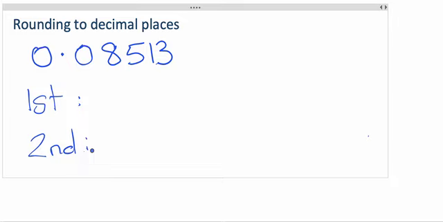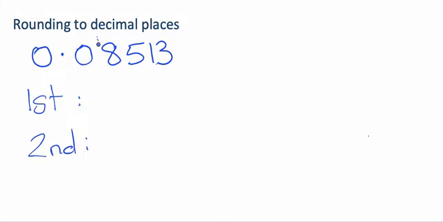So okay, hopefully you've had a go at working this out. So this is the value, and it's asking us to come up with an approximation of this to the first decimal position. So this is the first decimal position. So we draw this imaginary line through this.